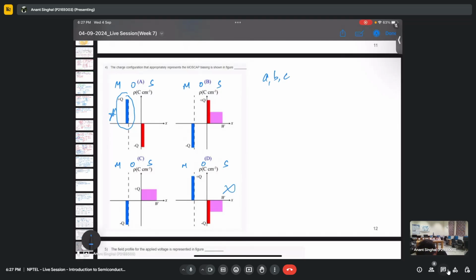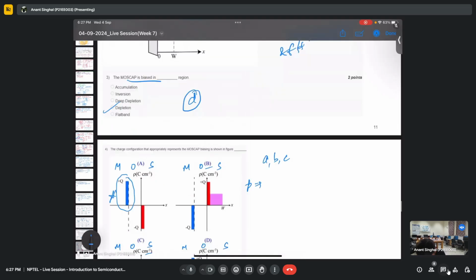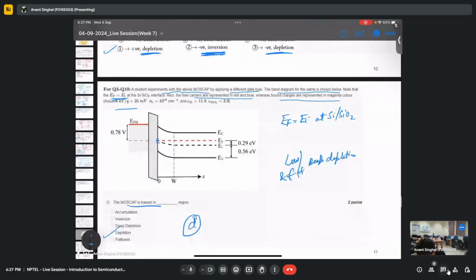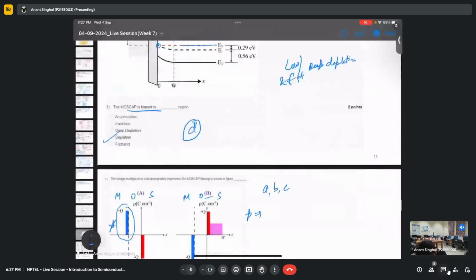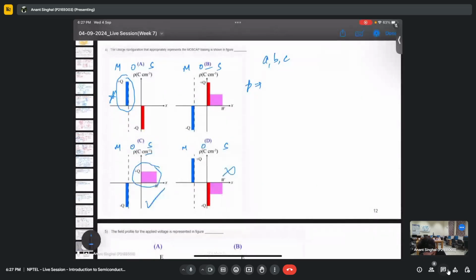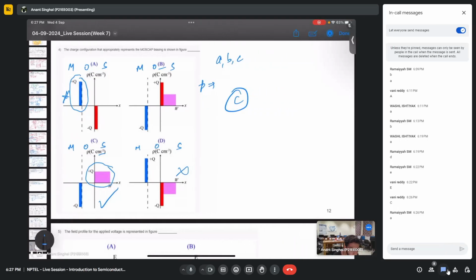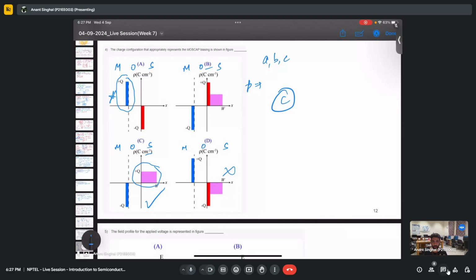Got it. And for options B and C, we can clearly see that we have a p-type substrate, so we have some abrupt profile. Yeah, we have a p-type substrate and it is becoming intrinsic at the interface. So that is fine. But in the bulk region, we have some p-type substrate. So that will give me option C as the correct answer. Again, is there any difference? Yeah, so someone said C. So is it fine with everyone?